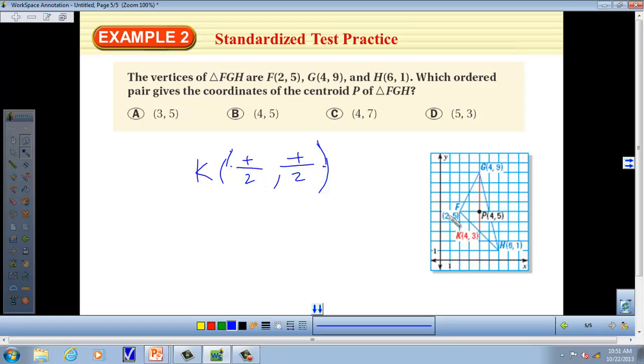We'll use the midpoint formula. The two x's are 2 and 6, the two y's are 5 and 1, so the midpoint is 8/2 and 6/2, so K is (4, 3).